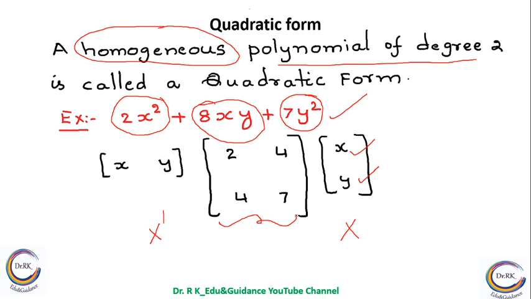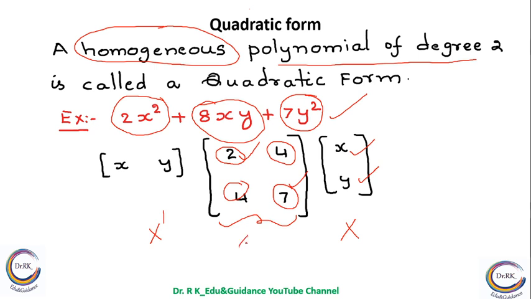So how do we get this matrix? Just a recap: this is the x square term and this is the y square term. So 2x square, 7y square, and next 8xy is there. This term is the xy term and this is the yx term, so we have to distribute equally: 4xy as well as 4xy.